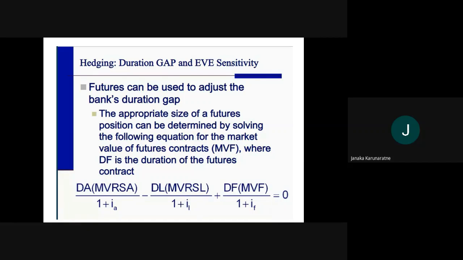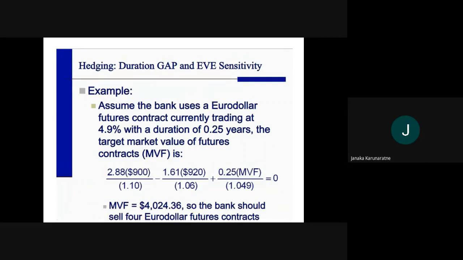Since we know DA, DL, and all other numbers, we can find DF and the market value of the futures contract, so that we can find out how many contracts we need to hedge the position. Okay, plug in the numbers.